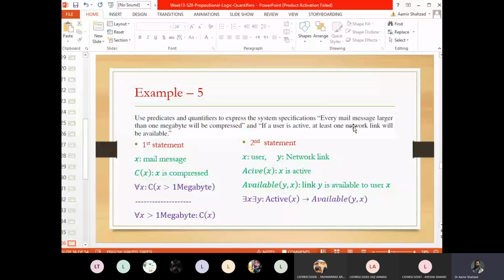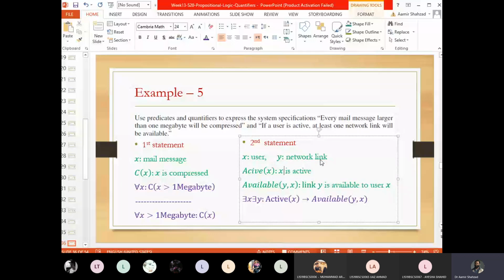So we have two variables, one is for the user and the other is for the network. Let's define two variables, x as user and y as network link. Then we have to define our predicates. We define active of x, that x is an active user. Your user is active.